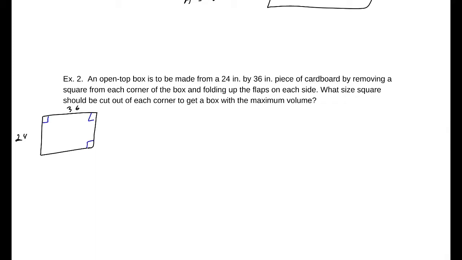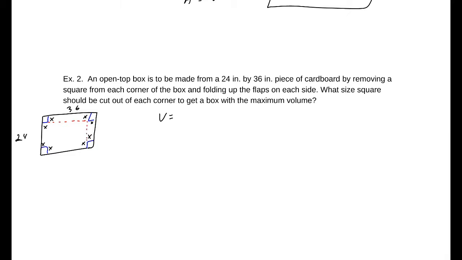Now, these are all going to be the same size, so we're going to go ahead and say these are x by x. That's actually what we want to find. We want to know what the value of x is. Now we want to maximize the volume, so let's go ahead and determine a function for volume. Now if you can imagine, what we're doing is this.